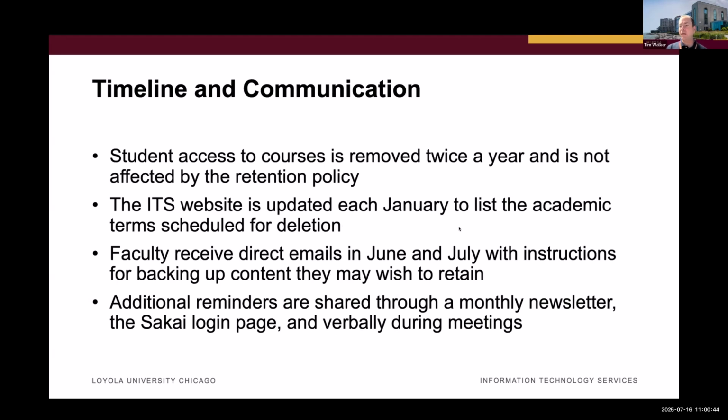Timeline and communication is a huge part of this process. We want to stress that student access to courses is already removed twice a year, so students were really out of scope for this process. Once in the fall and once in the spring, we work with Longsight to run a script that unpublishes those courses to remove the student view.